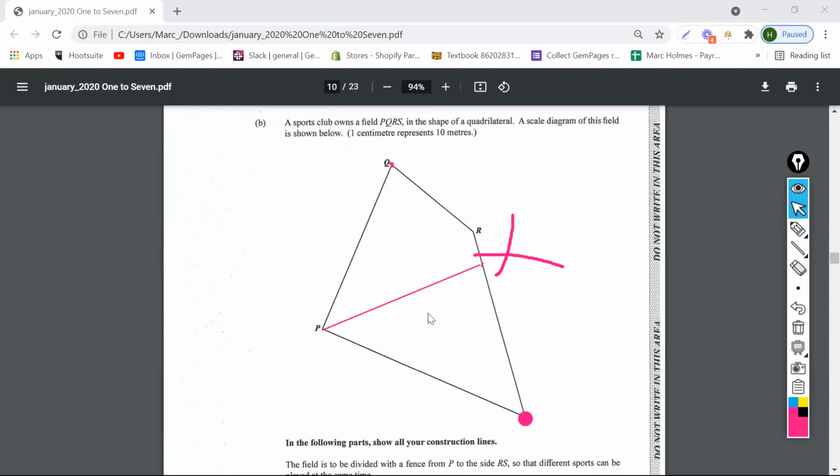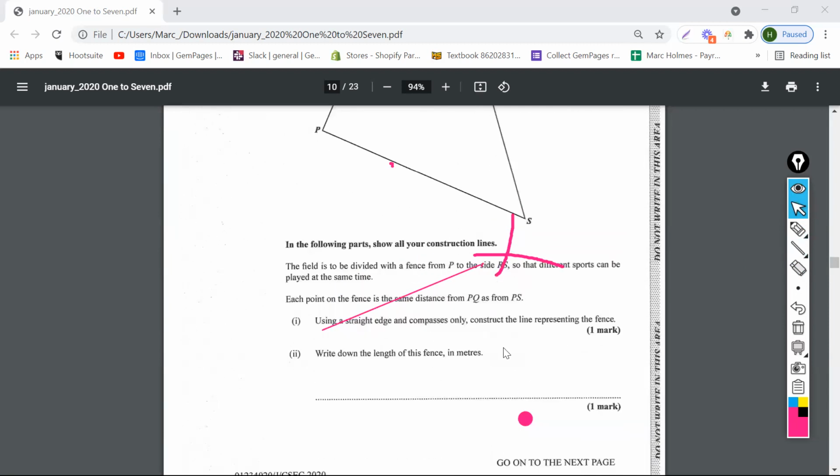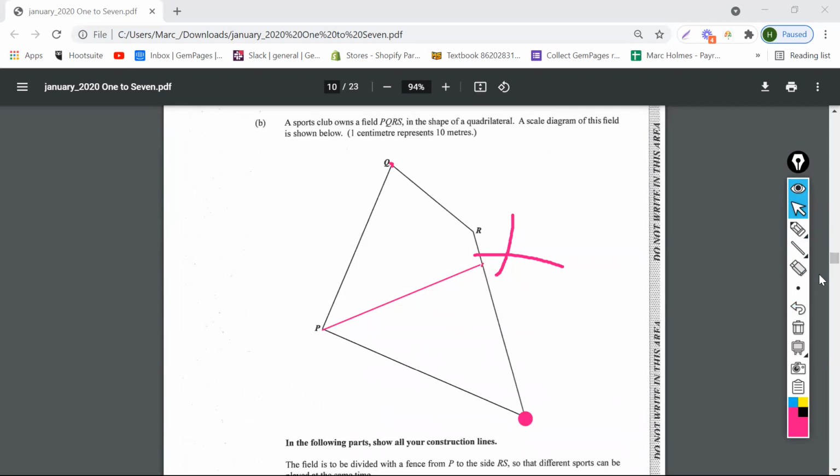And then they ask you to measure the length of the fence. So for the last class, I said to them, suppose the length is 4.8 centimeters. Then you would say 4.8 times 10, because it's 10 meters to 1 centimeter, would be 48 meters. Whatever the centimeters is.